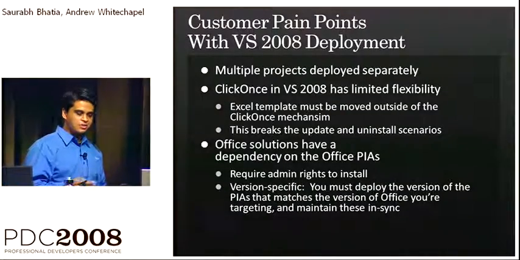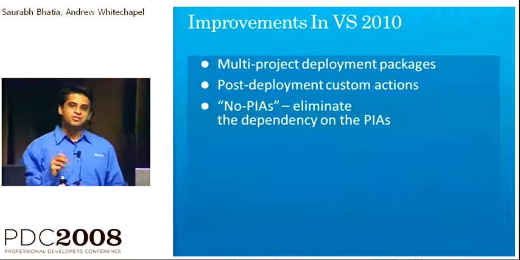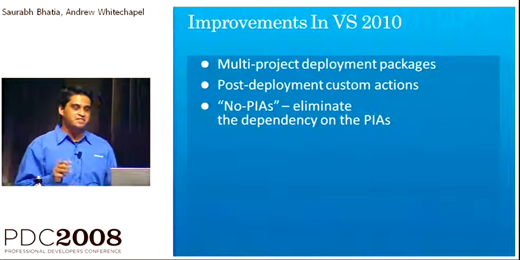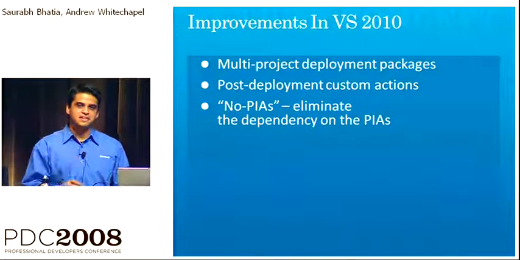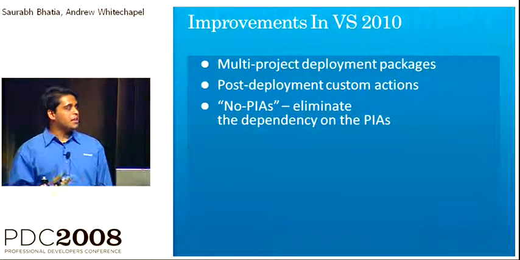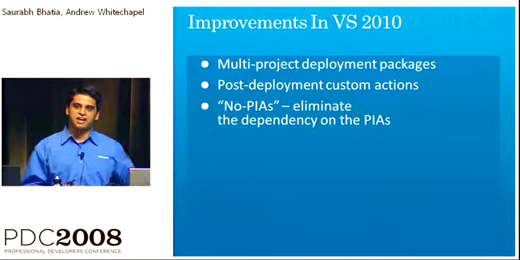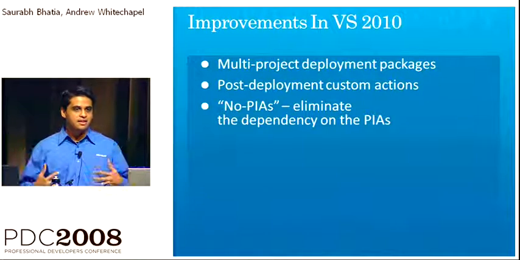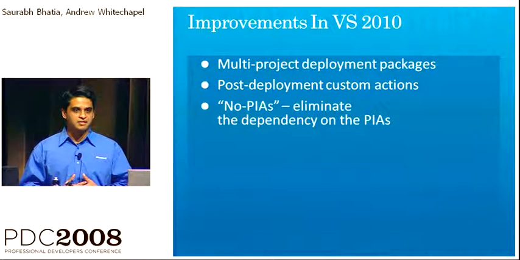Now, what we are going to do in Visual Studio 2010 is have 3 new features which will specifically address these pain points. First, something we call multi-project deployment, which will allow you to package multiple individual add-ins or document customizations into just one ClickOnce package.